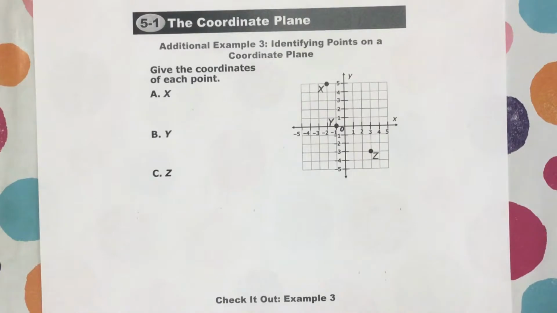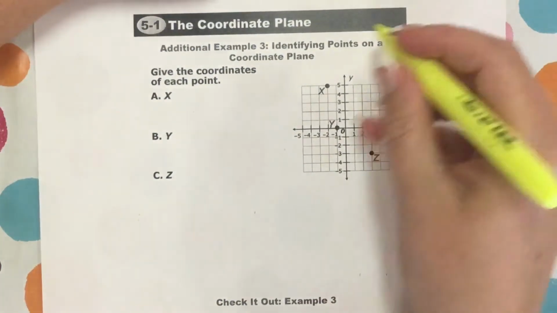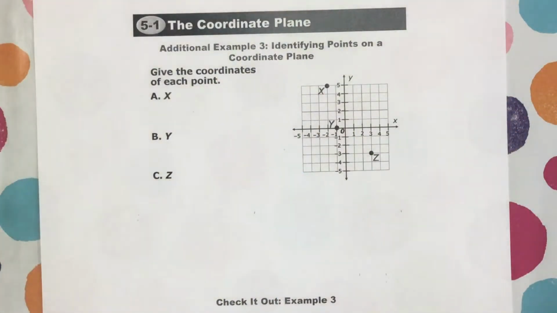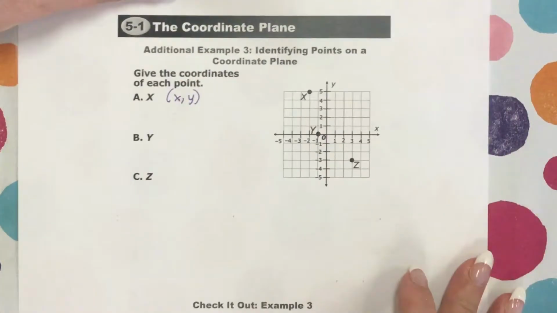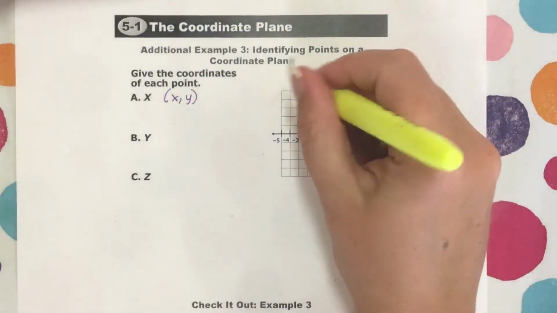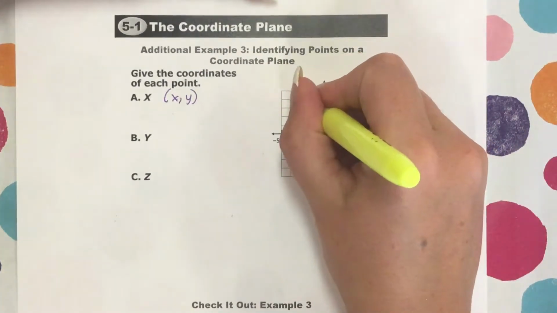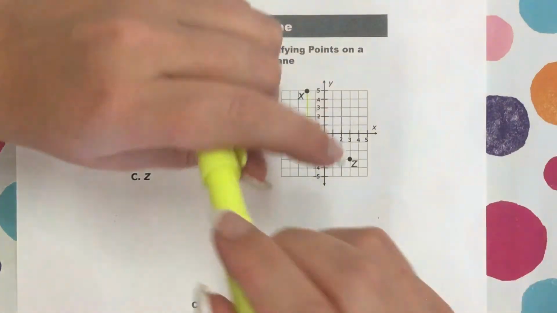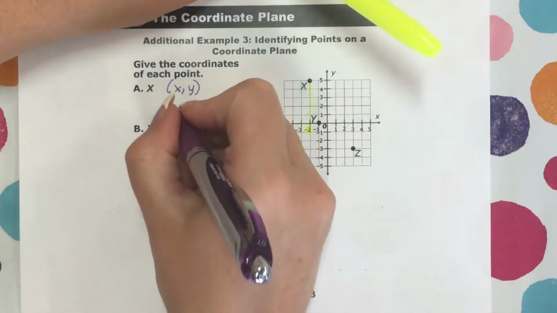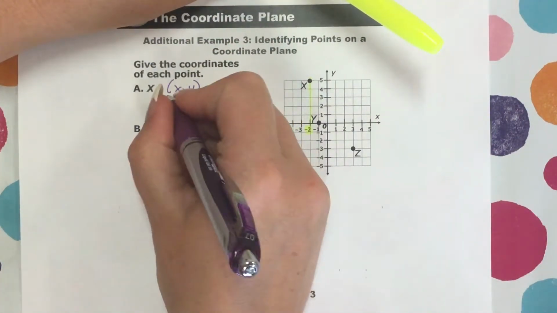So if you see here for x, there's a point. Each ordered pair has a point, so it's going to have an x and it's going to have a y. Okay? So let's go ahead. If we go from x right here and we go straight down, you can see that the x part is -2. So that means the coordinate for x is going to be -2.